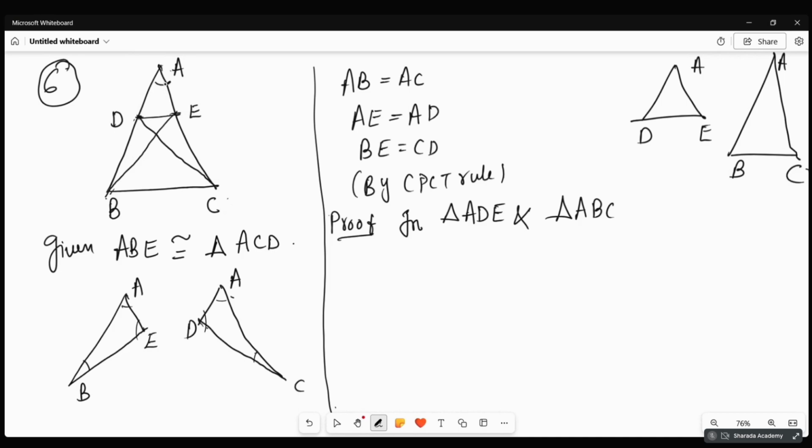So I can write angle DAE is equal to angle BAC. This much we know. Then what else can we say? Tell me which other angles or anything I can say are equal here.